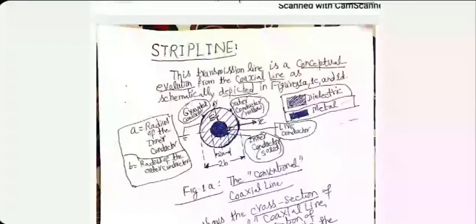Now, if in a line, there is no electric field component along the direction of propagation, that is Ez equal to 0, and no component of magnetic field also in the direction of propagation, that is Hz equal to 0. That means you have only Ex, Ey, Hx, and Hy. Then it is known as transverse electromagnetic mode of propagation, TEM.